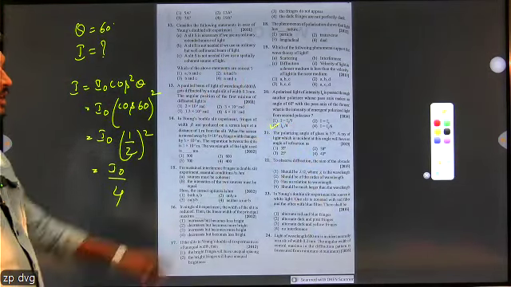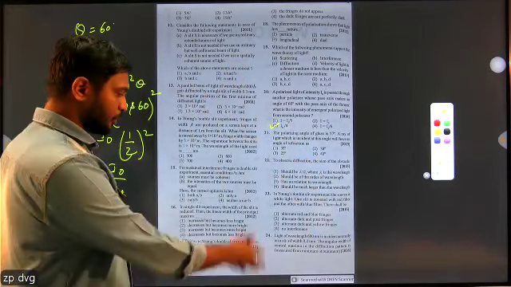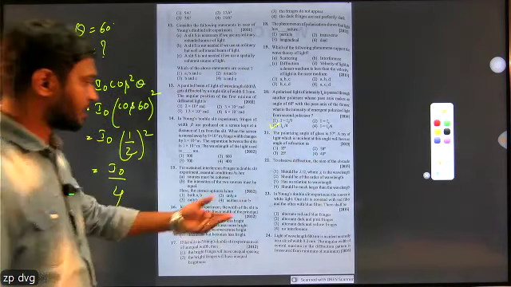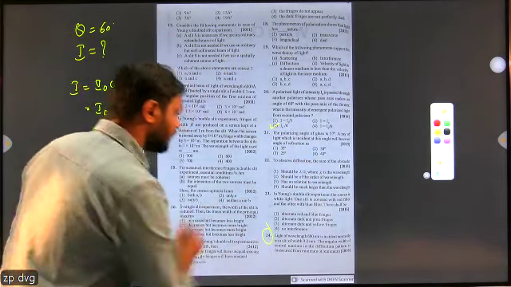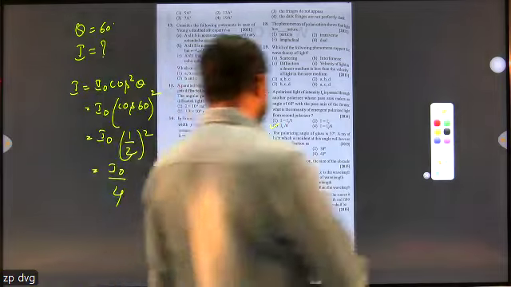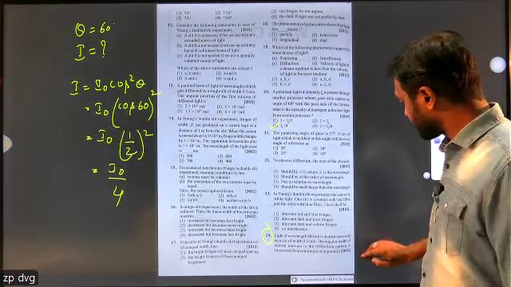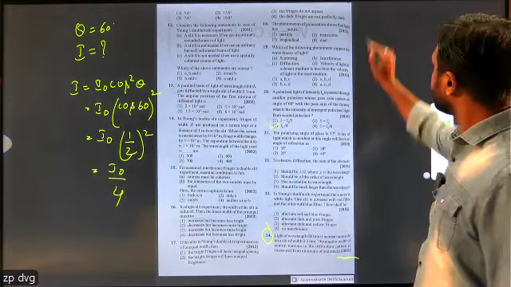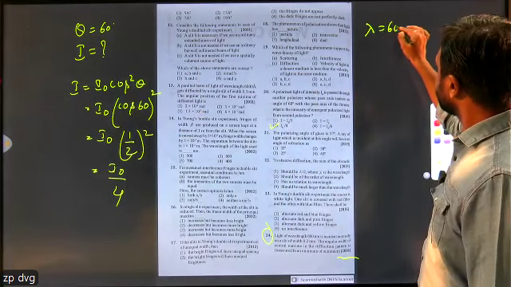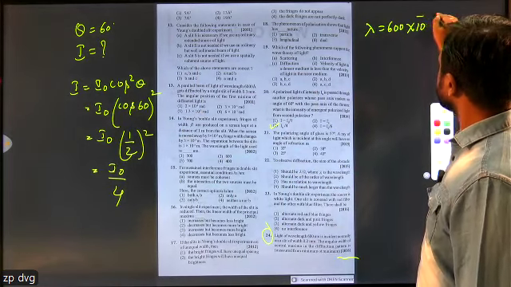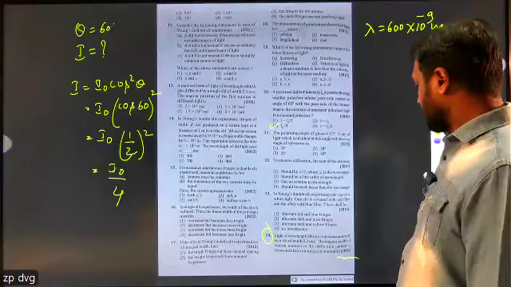So in this way, a number of important formulas are there. Again, question number 24, from the year 2016. Light of wavelength lambda 600 nanometer, that is 600 into 10 to the power of minus 9 meter.